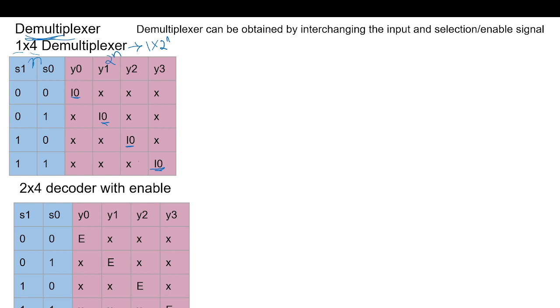The name of the circuit which will select any one particular output line based on the given select lines.